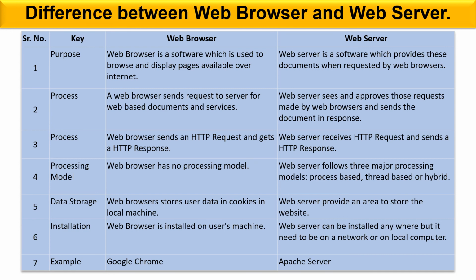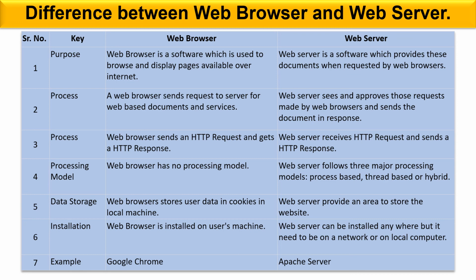The next is the processing model. A web browser has no processing model, but a web server follows three major processing models: process based, thread based, or hybrid. Data storage is also a key factor: the web browser stores users' data in cookies on the local machine, while the web server provides an area to store the website.